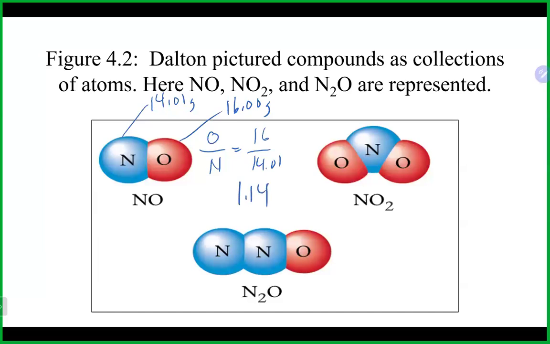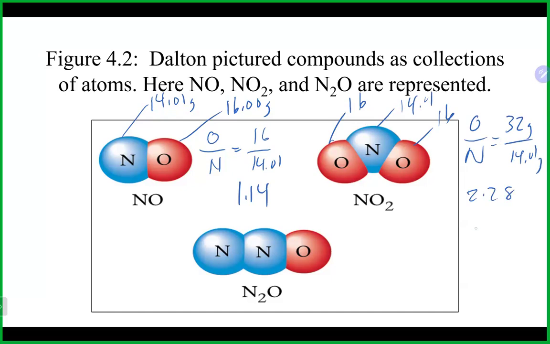Now, if we go to the NO2 to the right there, that is 2 oxygens, each at 16, and nitrogen at 14.01. So if we again do our oxygen to nitrogen ratio, we would have 32 grams divided by 14.01 grams. And if we take 32 divided by 14.01, we get 2.28 in terms of our ratio.